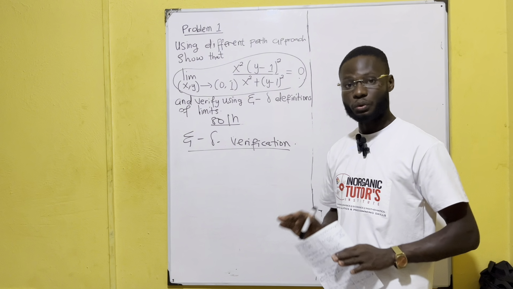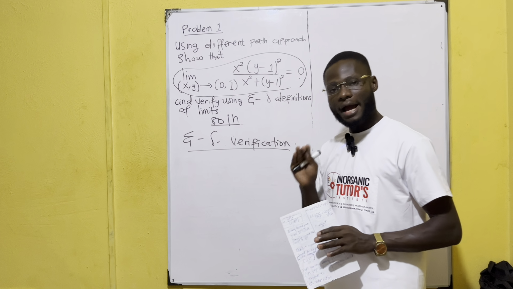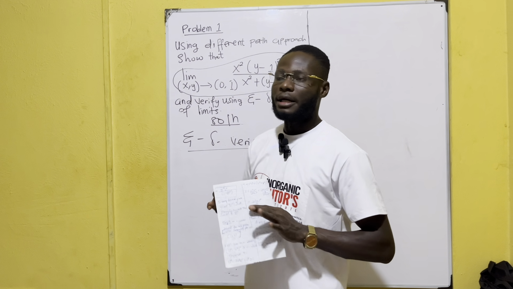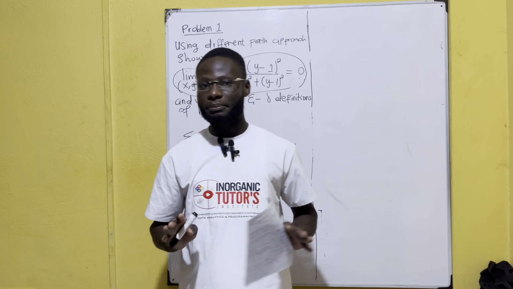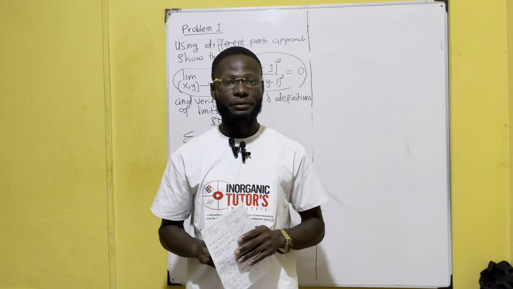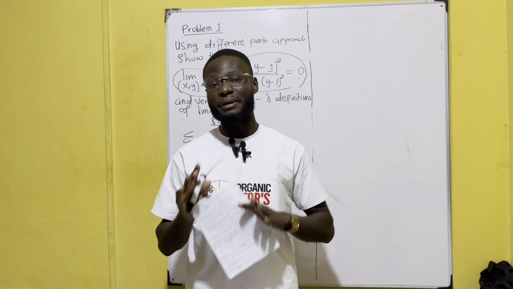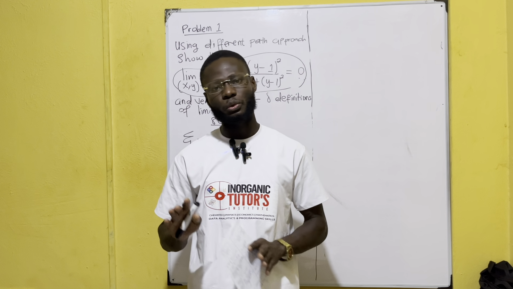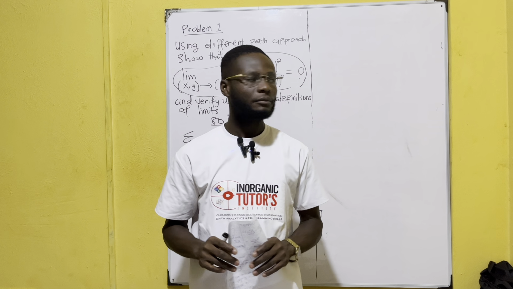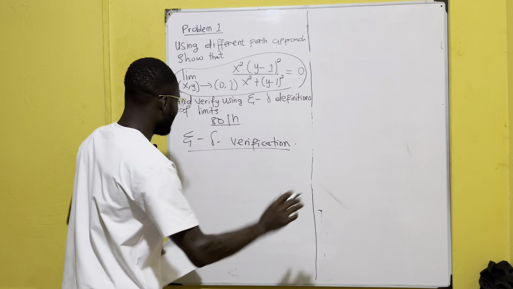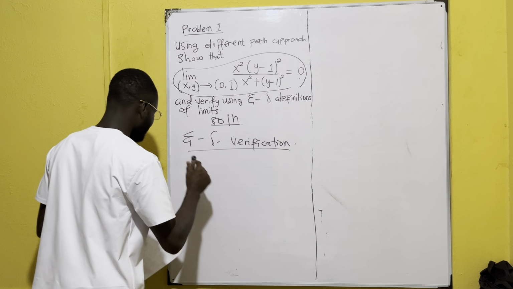That definition holds everywhere. For every epsilon, it must be positive, that is greater than 0. All right. And if it is positive, then there exists a particular delta that is also positive.